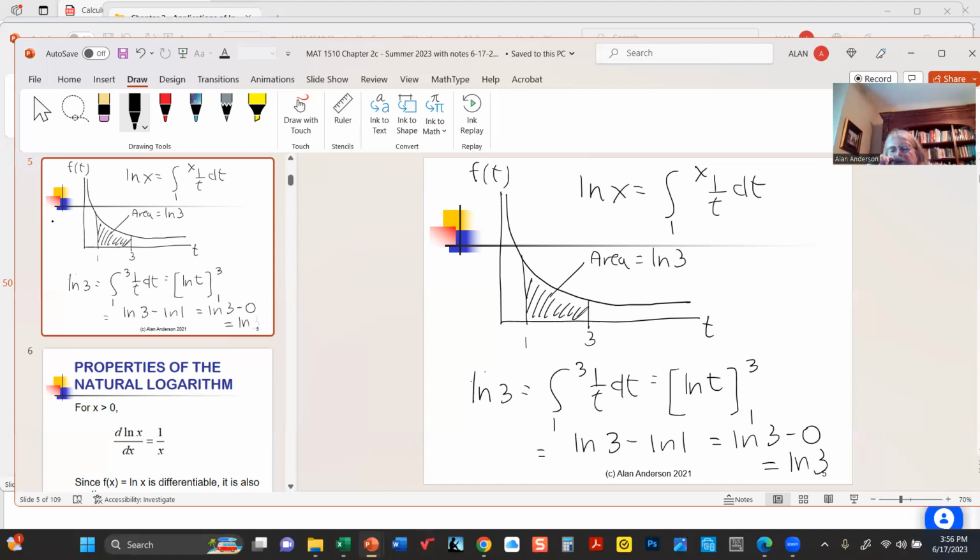Okay, so in other words, don't forget the log of 1 is just 0. So this is really what it's telling us. In other words, you can visualize the log of 3 as simply that area under that curve from 1 to 3. They are the same thing. And this is taken from the fundamental theorem of calculus.